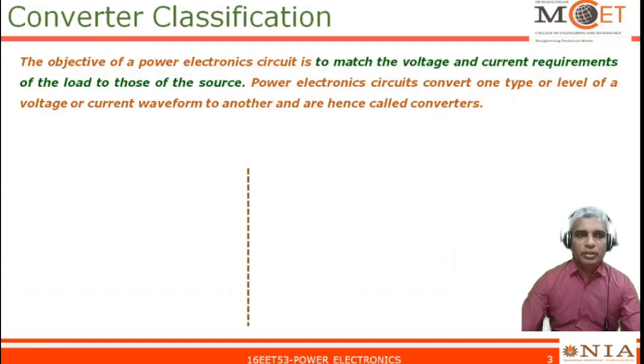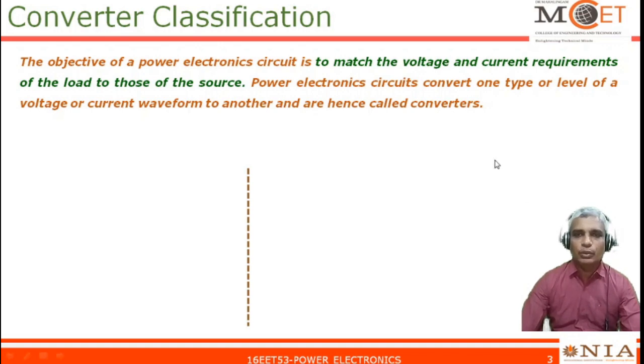Converter classification. We know that power electronic system acts as an interface between source and load. The main objective of this power electronic system is to match the voltage and current requirements of the load to those of source. So if the load is DC in nature and the source is AC in nature, the power electronic circuit should properly convert the source to the load requirements.